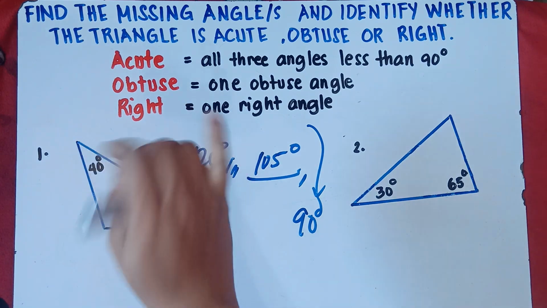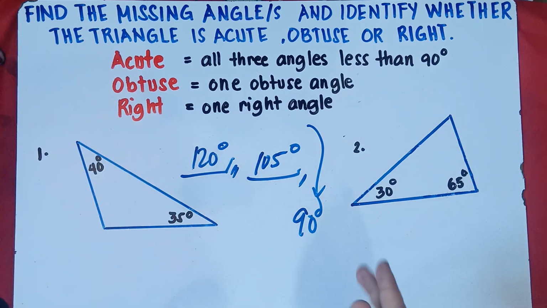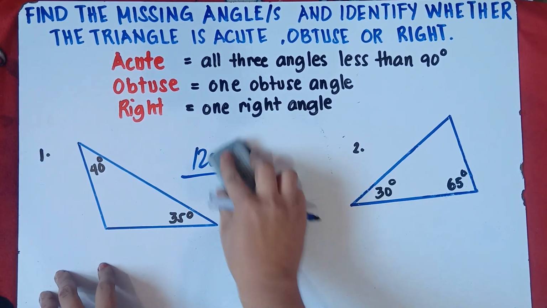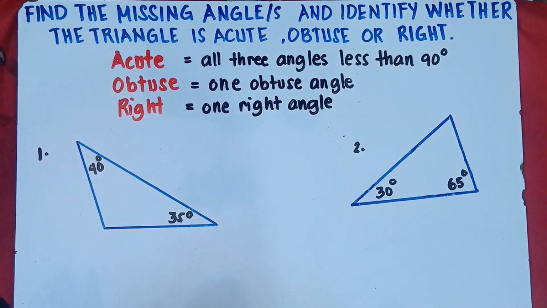So, if you understand the acute, obtuse, and right, we'll be answering this one step by step, and we will give more examples. Alright, so let's start with number 1. Now, once again, class, always remember that for any kind of triangle, the sum of the interior angles should be equal to 180 degrees. Let me just explain that one, class.